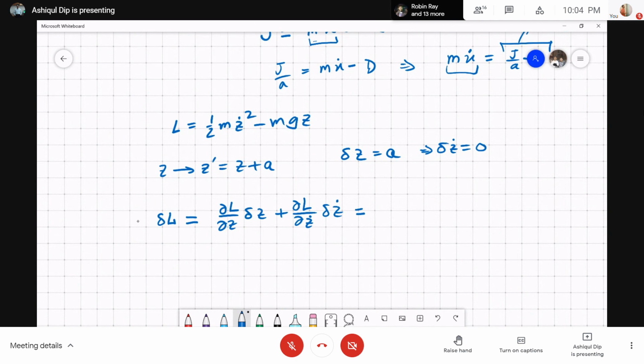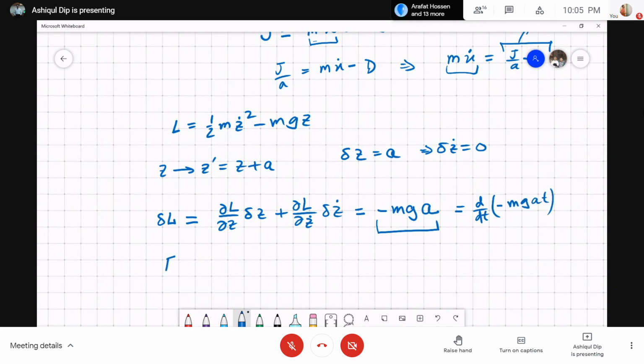This is minus mg times a times delta z. So the question is, can we write this part as d/dt of something? Yes, exactly, negative mgat. We can write this as negative mgat.